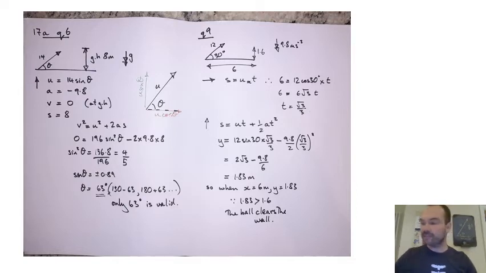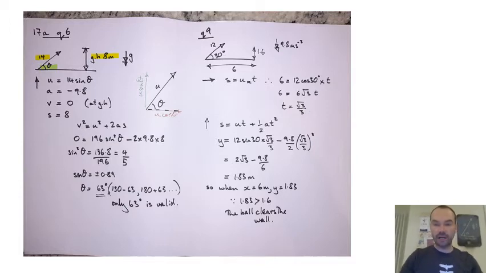So in 17A, question 6, we've got a particle projected with a known speed and we know what the greatest height is. We don't know the angle it is launched at. So what do we do? Well, this greatest height is one of the vertical quantities. So working vertically, list what we know.